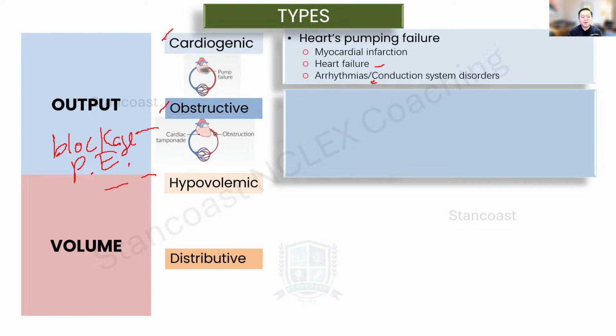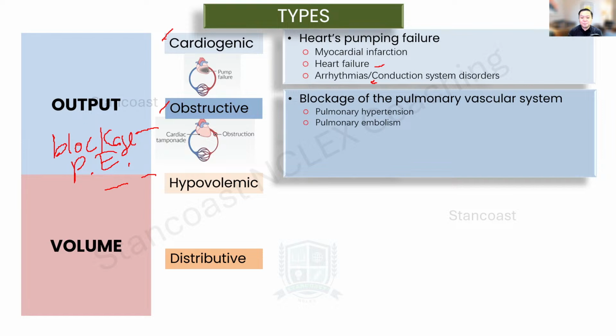All right, so here we have the different examples of our obstructive type of shock. We have the pulmonary hypertension, and we talked about this before, right? Sorry about the sizes here. Also, the pulmonary embolism. Remember about the pulmonary hypertension? This can lead to the decreased cardiac output because the pulmonary hypertension can complicate into the right-sided heart failure.